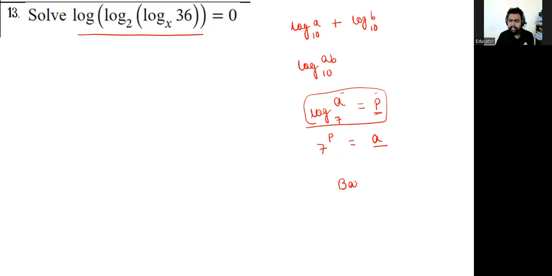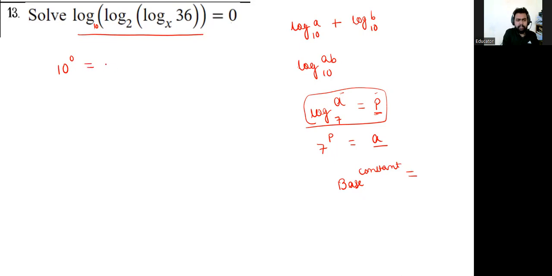We are going to write the base and we are going to put the constant as the exponent, which is on the outside, right? So here, what is my base? If the base is not specified, that is called common log. So 10 is my base if nothing is written. So I'm going to write 10 exponent 0. So base, exponent, constant. The constant on the other side is 0, right?